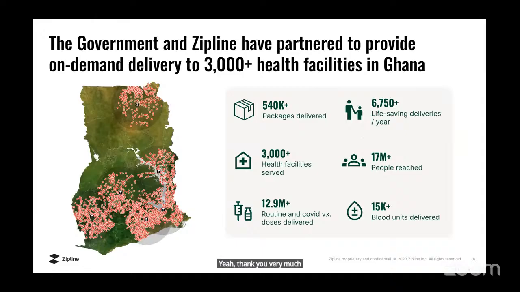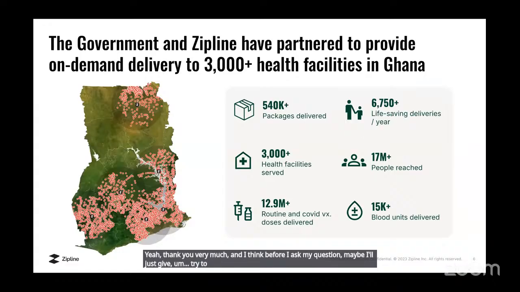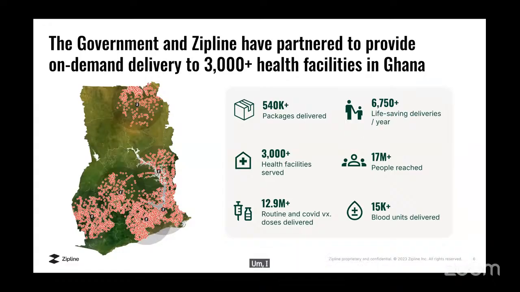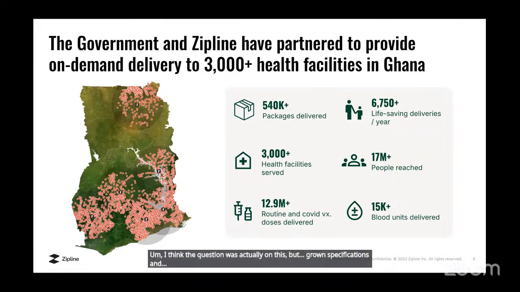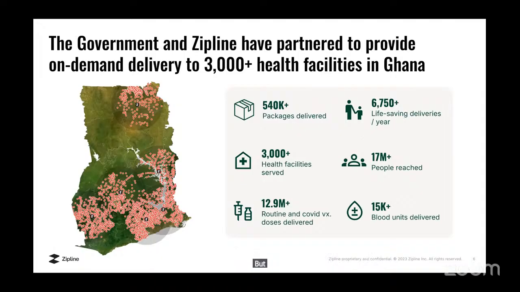And before I ask my question, maybe I'll try to assist with a question that was asked much earlier, on the specific drone specifications and what they are used for. I think Frederick did a very good job in answering that. But if you notice, Zipline in particular has their drones made specifically for delivery purposes.